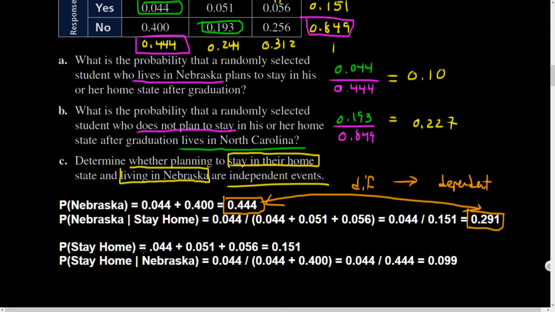And so if I find the probability that someone's staying home, which is the 0.151, which is what I have there, and then calculate the probability is someone going to stay home given they're from Nebraska, and so that's the 0.044, and then I divide by all people from Nebraska, which is the triple 4 right there, and I get this value, and because they are different, therefore there is a dependence going on.